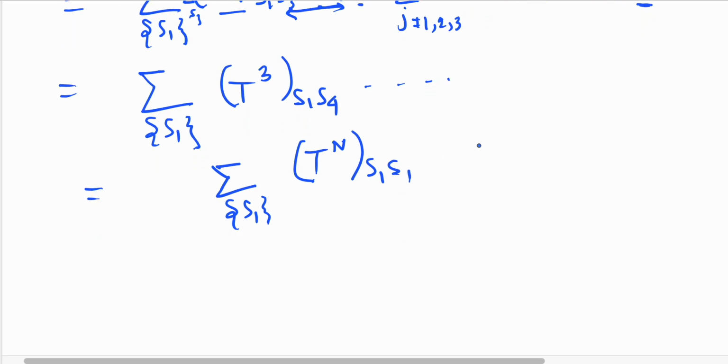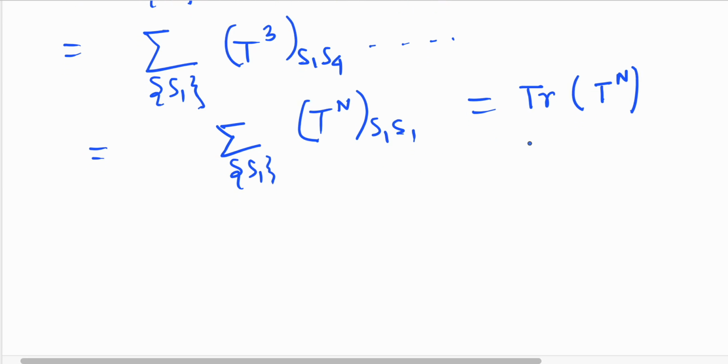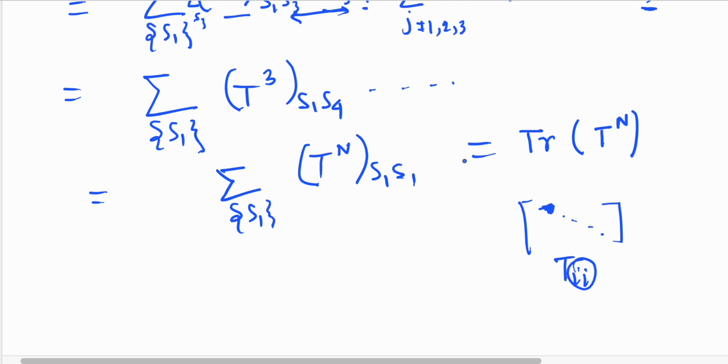That means this is nothing but the trace of the transfer matrix to the power n. Since we know that trace means all the diagonal elements, this means T_ii, which is nothing but S1.